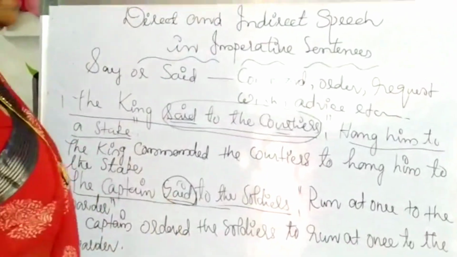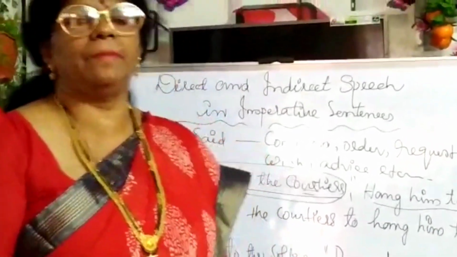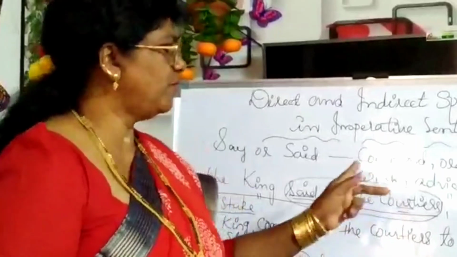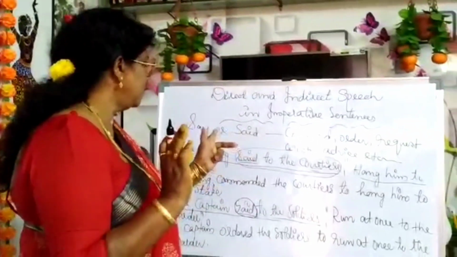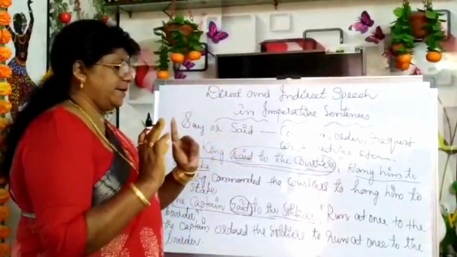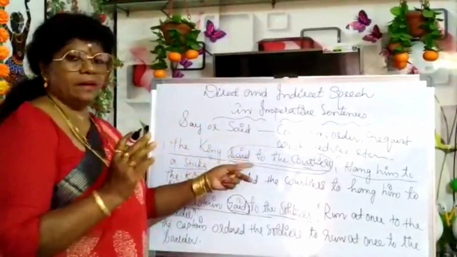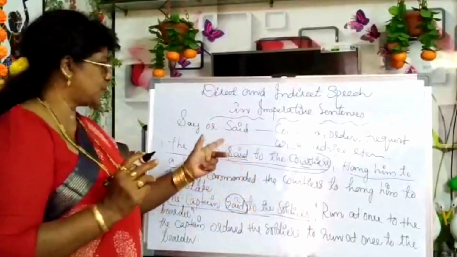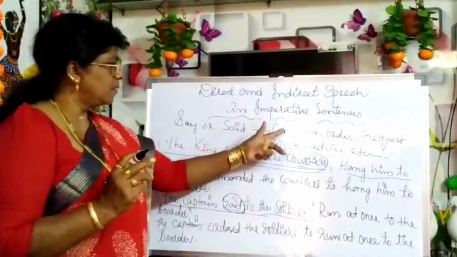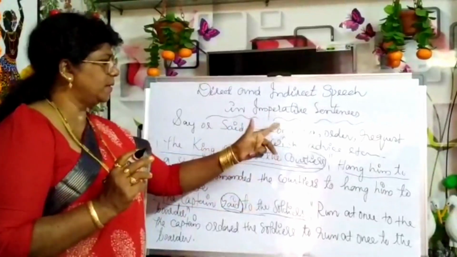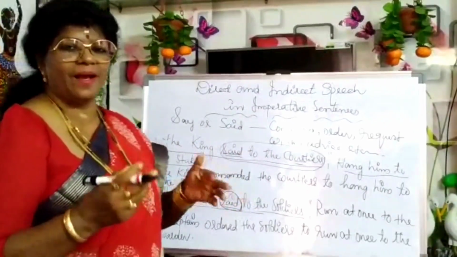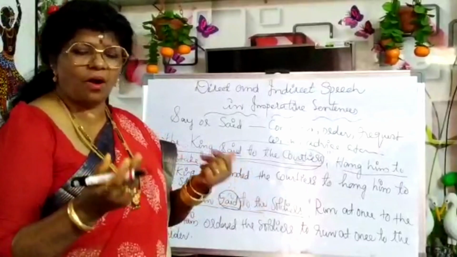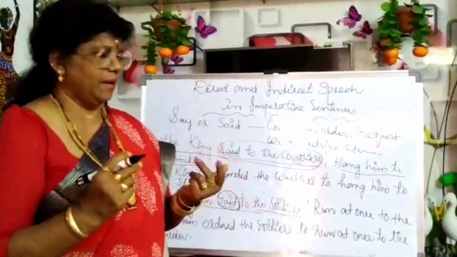So while changing imperative sentences, you have to keep certain rules in mind. The first one: say or said in the reporting speech will change to command, order, request, wish, advice, etc., as per the grade of the officers or the position.